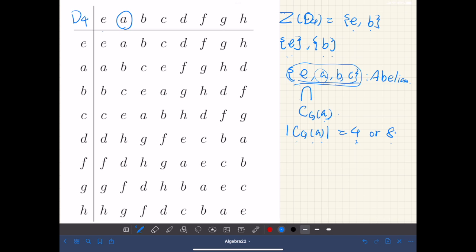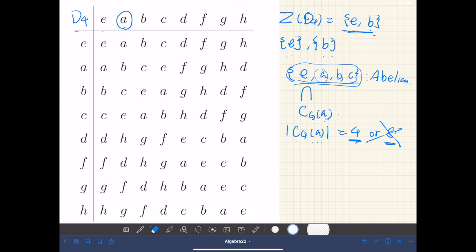But 8 is the group D4 itself. If this is the case, then A must be central, that means A commutes with every other element. But that is not true because the center of this group is only E and B, which doesn't include A. So this possibility is gone.